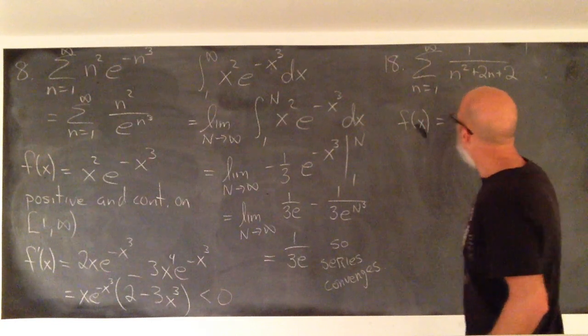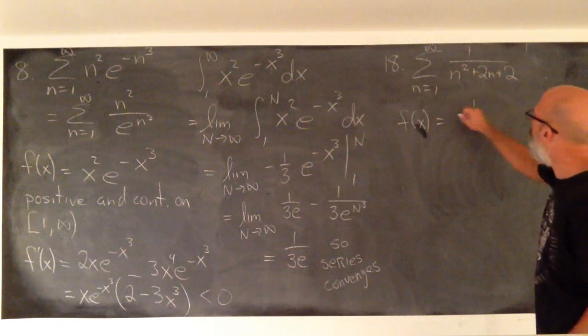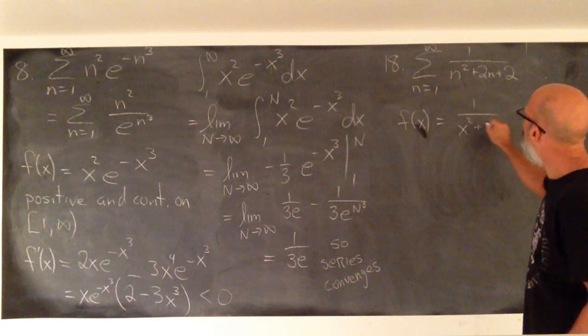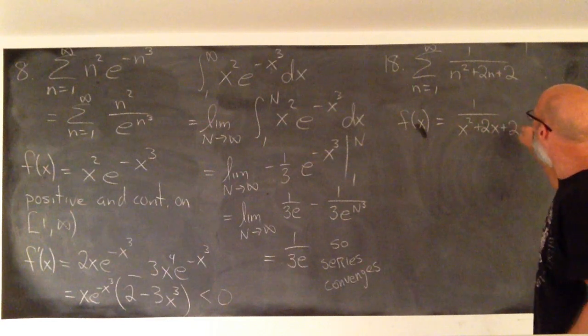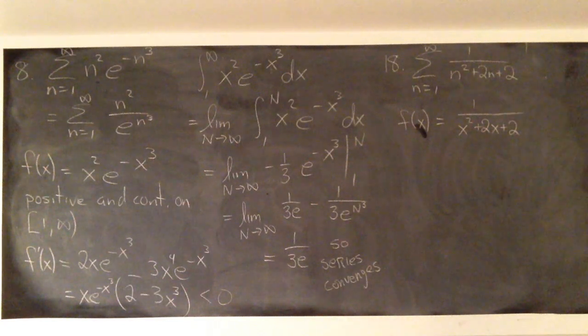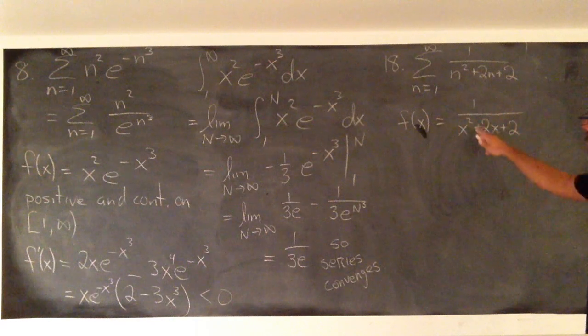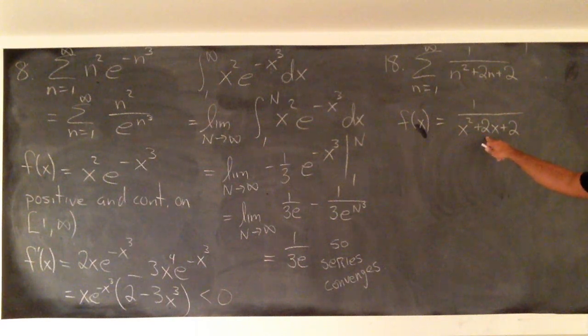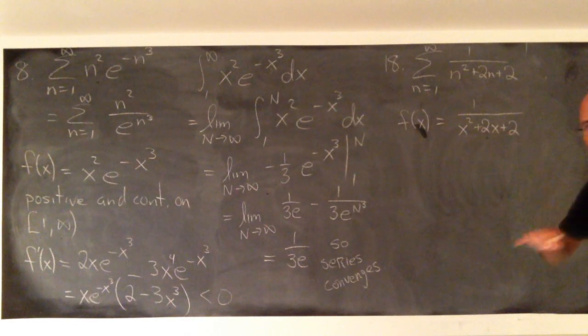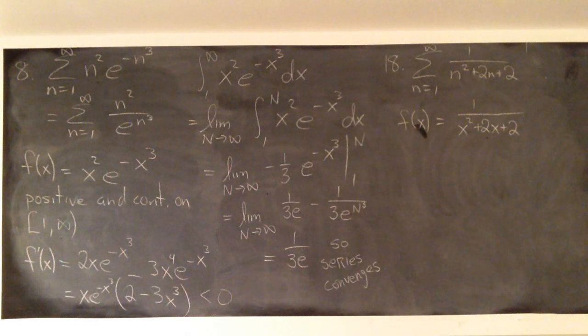The function which gives rise to this, 1 over x squared plus 2x plus 2, it's not immediately clear that this is continuous. There might be a point where the denominator is 0. If you apply the quadratic formula, b squared minus 4ac, you see immediately that there are no real roots.